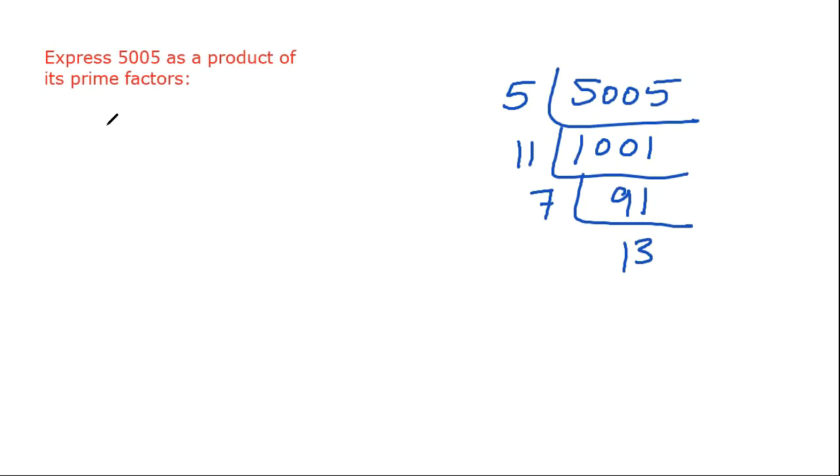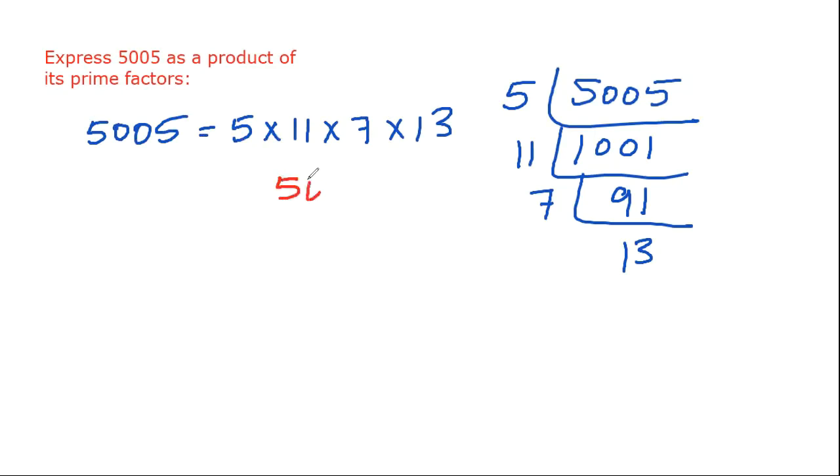And we can write the prime factorization of 5005 as 5005 is equal to 5 into 11 into 7 into 13.